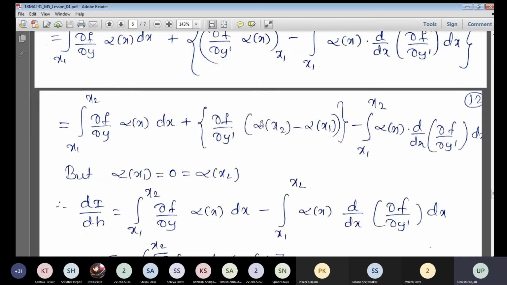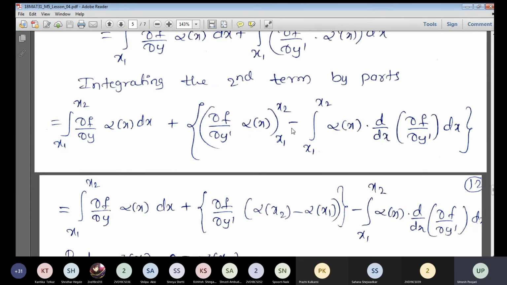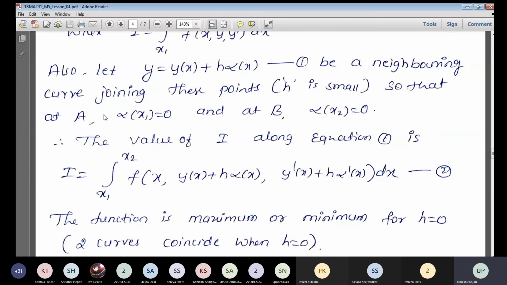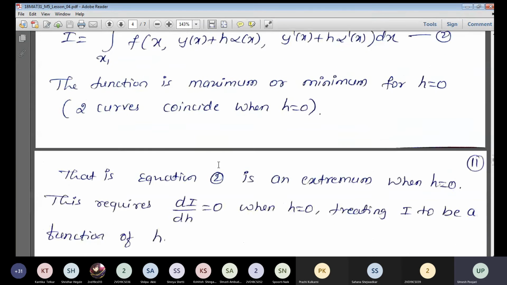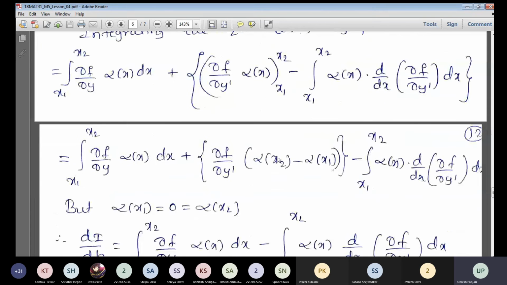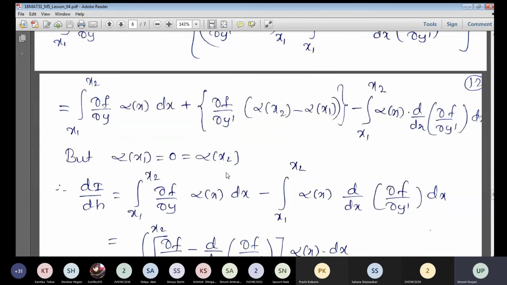Now can anyone tell me what is the value of alpha x2 minus alpha x1? What are the values of alpha x1 and alpha x2? See, initially we have taken that at the point A, alpha of x1 is 0, and at the point B, alpha x2 is 0. Substitute these two values here. In place of alpha x2 and alpha x1 both are 0, so this complete term will be 0.